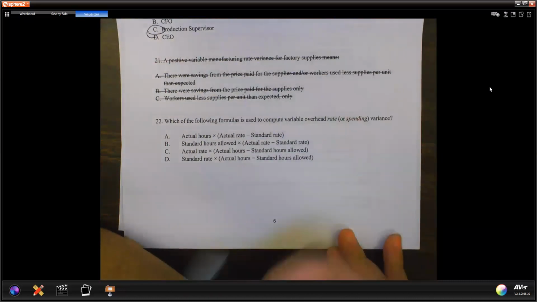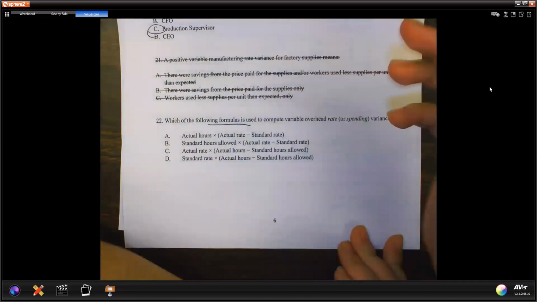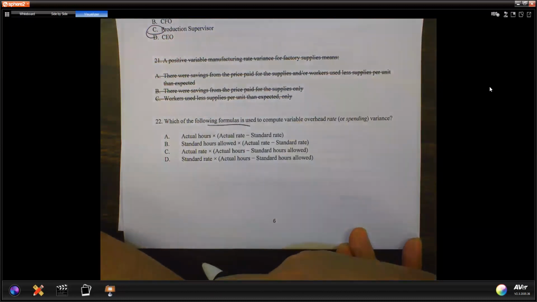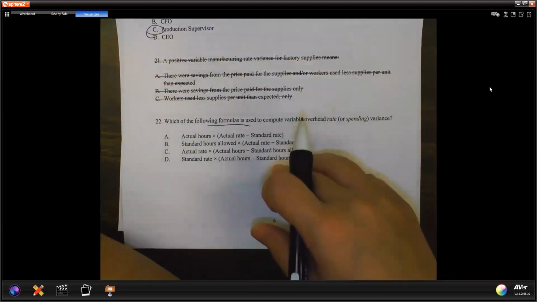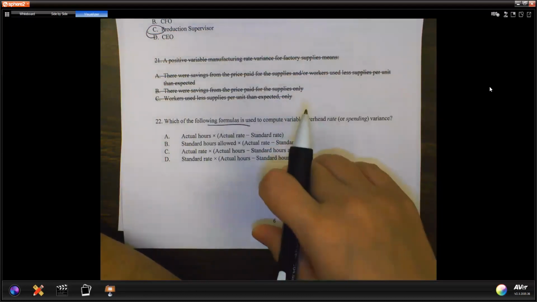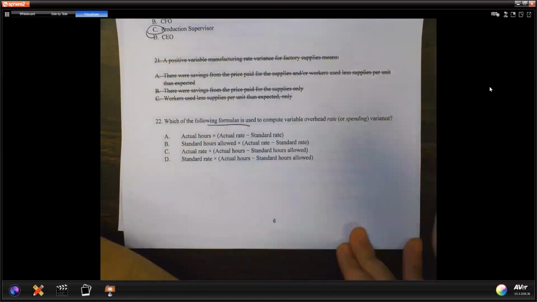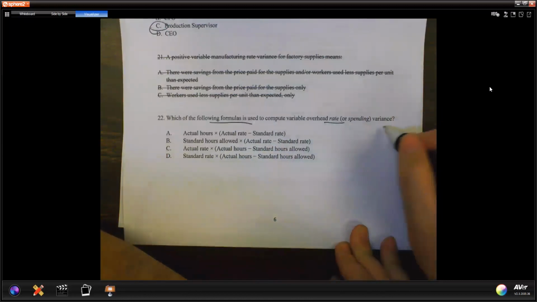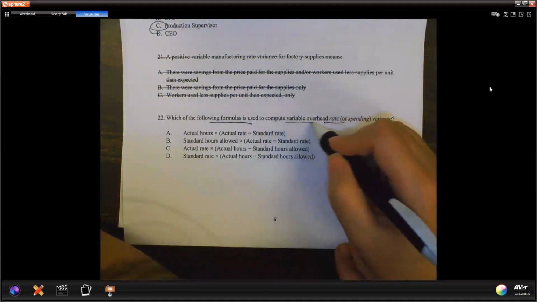Question 22, formula, I don't ask you formula honestly, but if you think the formula helps you to get the numbers correct, feel free to memorize, but I'm not going to test you formula. I'll just let you do the numbers. Okay, formula we said rate, variable overhead rate.